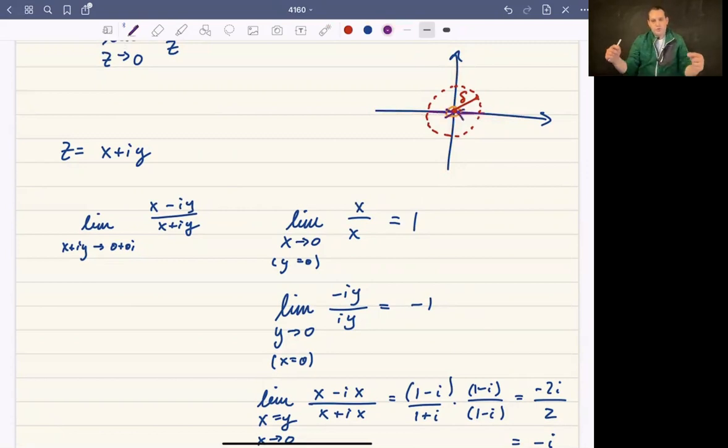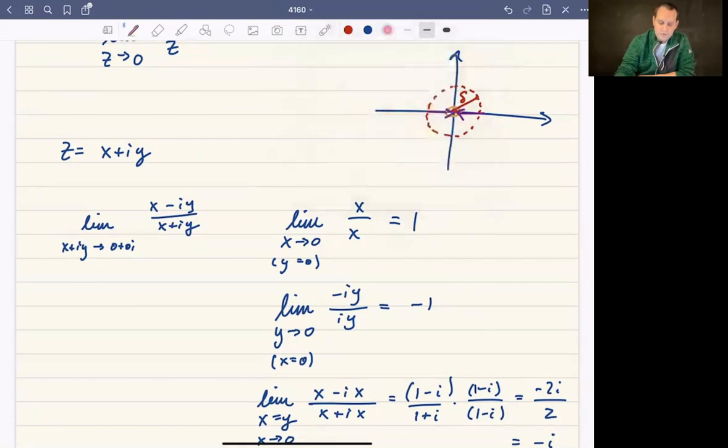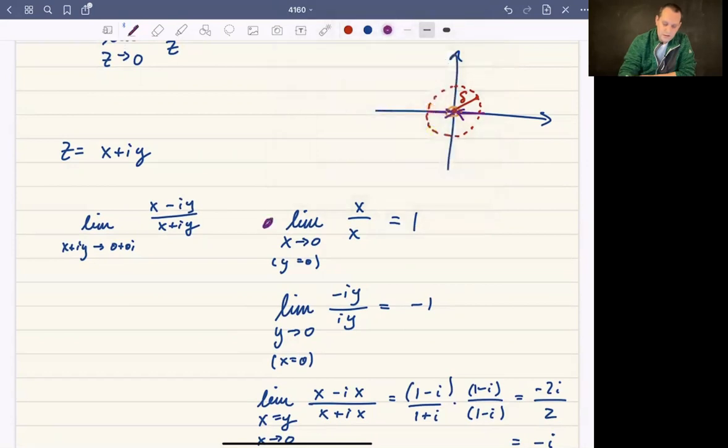As we approach according to those horizontal paths, our function is going to approach the quantity 1. If we approach from, let me give another color, so this was the purple path. If we approach from this pink path where x is 0 and y goes to 0, then from that angle, our function is going to approach negative 1.